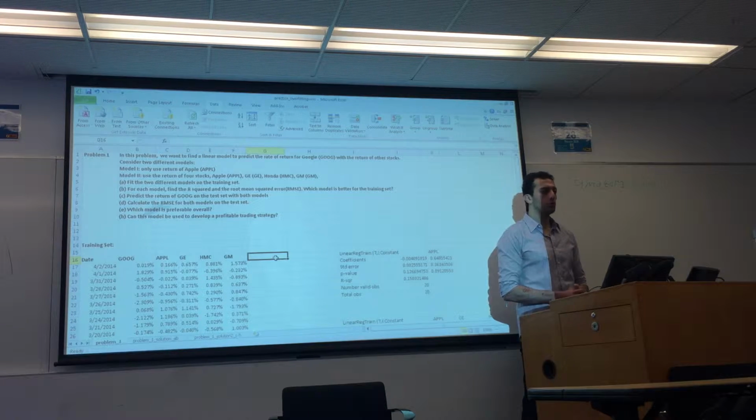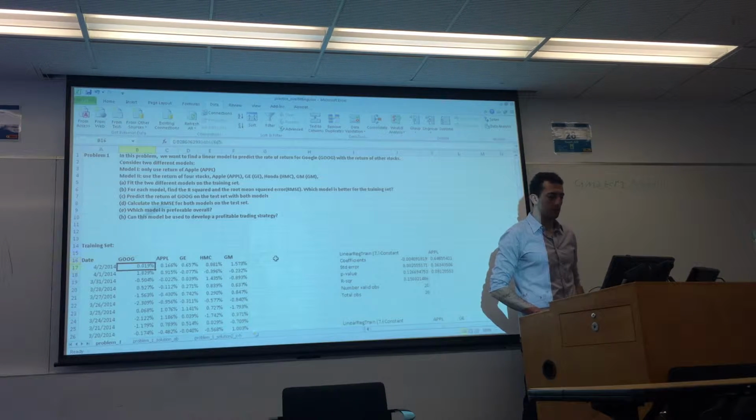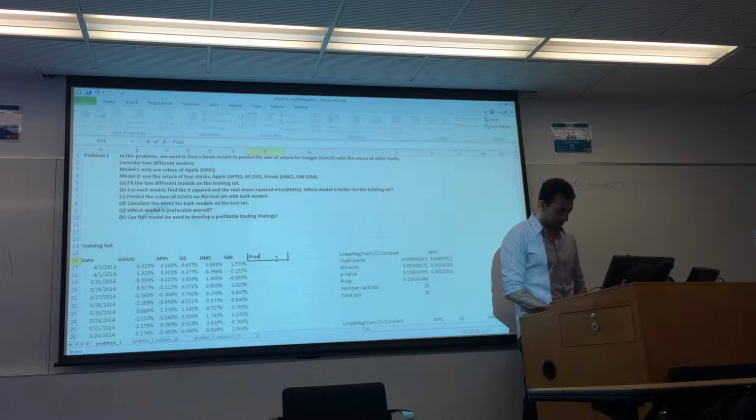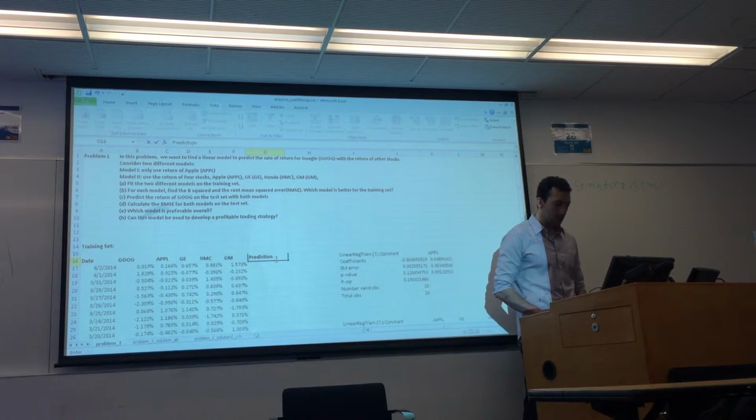Okay, now I want to check my prediction. So I will run over the training set, and I will see what I would predict if I didn't know the return of Google. So let's write prediction 1, and similarly prediction 2.